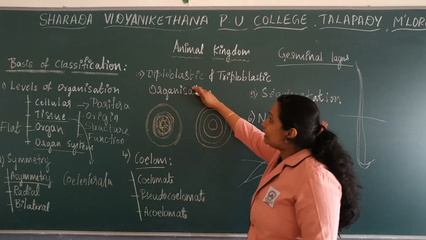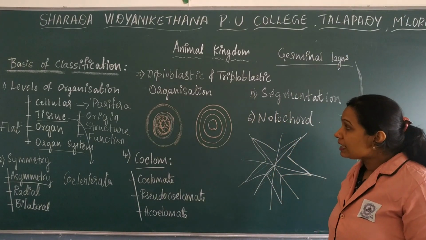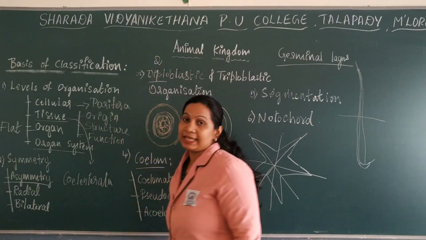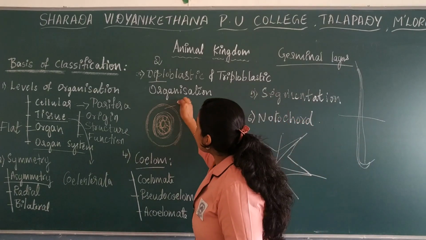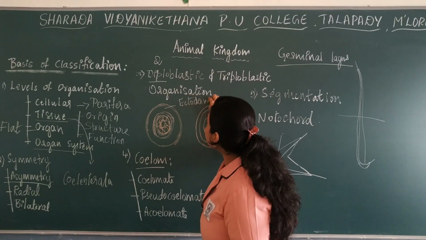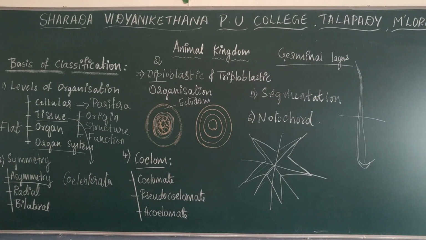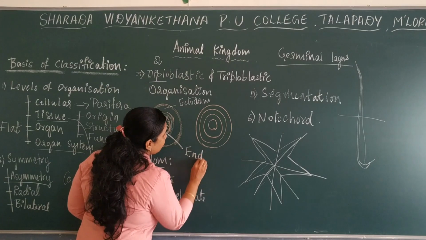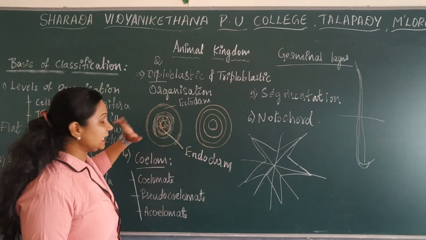So we have diploblastic and triploblastic organization. Diploblastic refers to diplo, which is two. They have two germ layers. What are these two germ layers? There is the outer ectoderm as well as the inner endoderm.